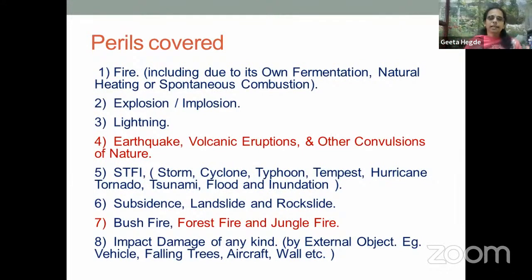As we have seen yesterday, in the SFSP policy, the definition of fire excludes its own fermentation, natural heating or spontaneous combustion. Here the peril covered itself says that fire includes its own fermentation, natural heating or spontaneous combustion. It indirectly means spontaneous combustion is not an add-on cover but a basic cover under the Laghu or Sukshma policy. So spontaneous combustion, no need for any additional premium.